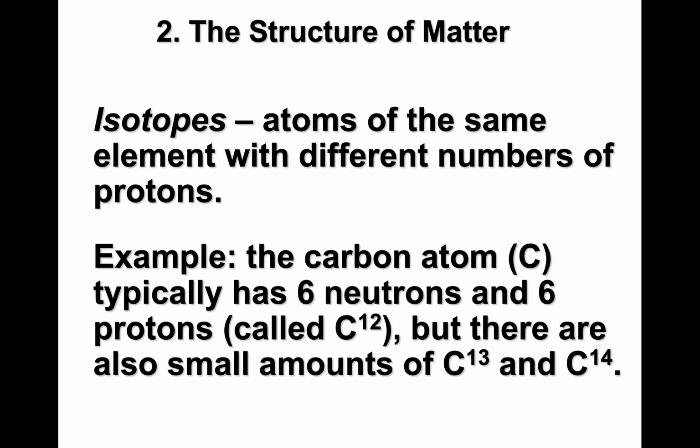If you look at the periodic table of the elements, you can find C12. But there are also small amounts of C13 and C14 around. And maybe you know from your classes in secondary school, in biology, the C14 method.